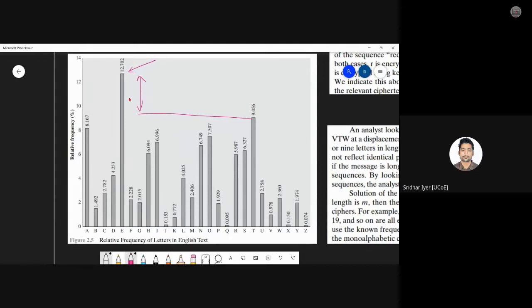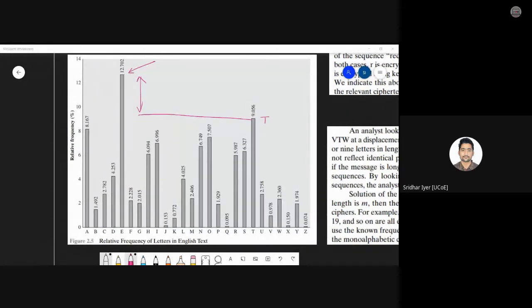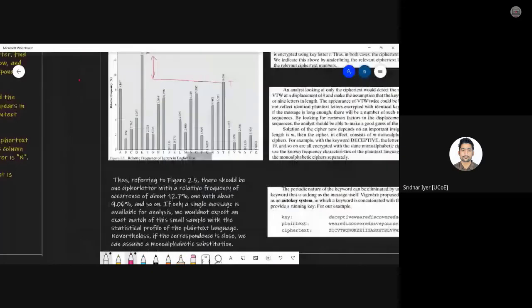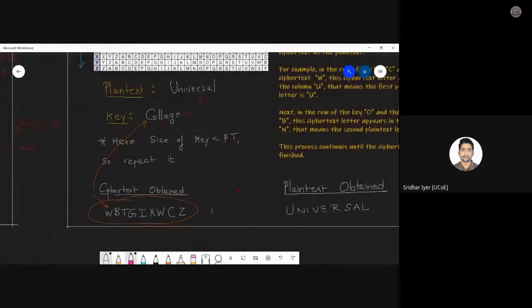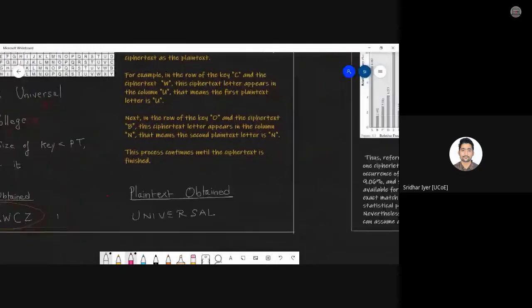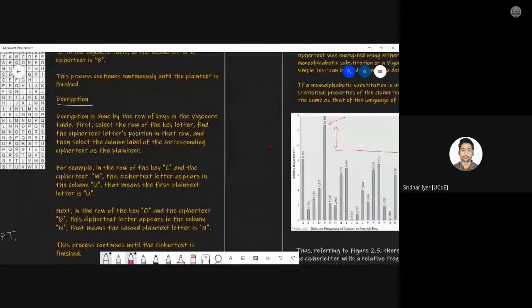Fine. So according to the research that was conducted, it was found that character E occurs most of the time in a particular paragraph of English text. After that, character T was found to occur more. So the attacker has to simply look at the ciphertext, check the occurrence of each of the characters, and then take the percentage.